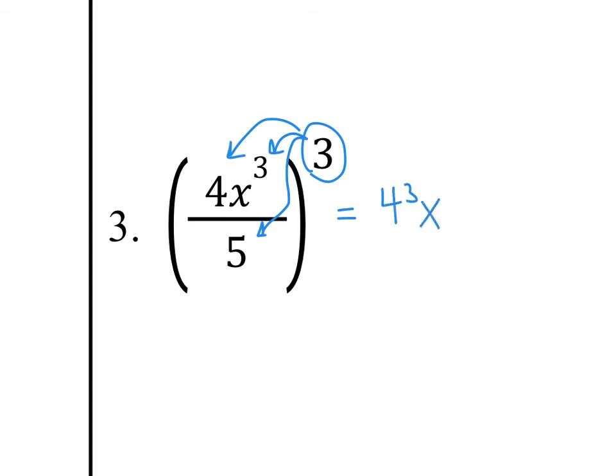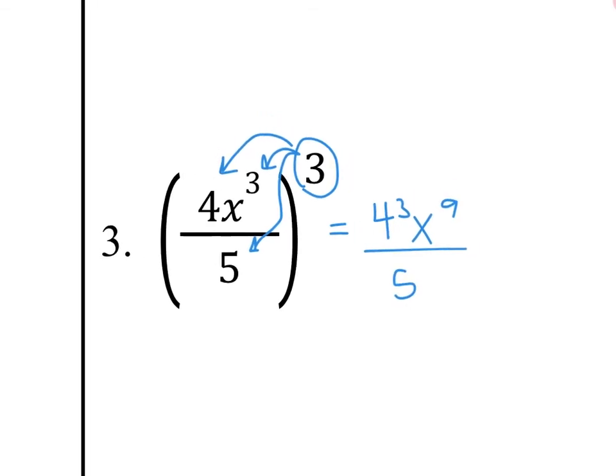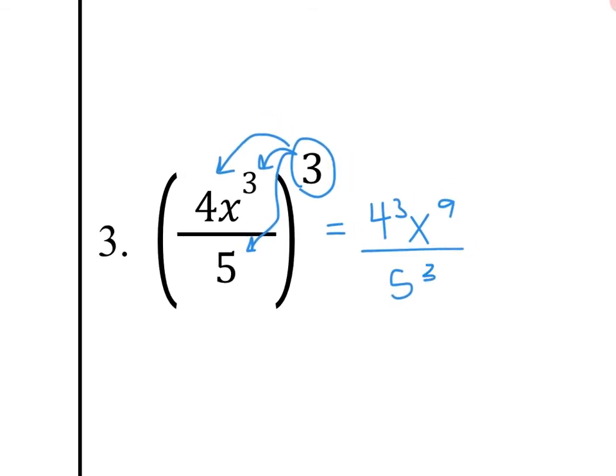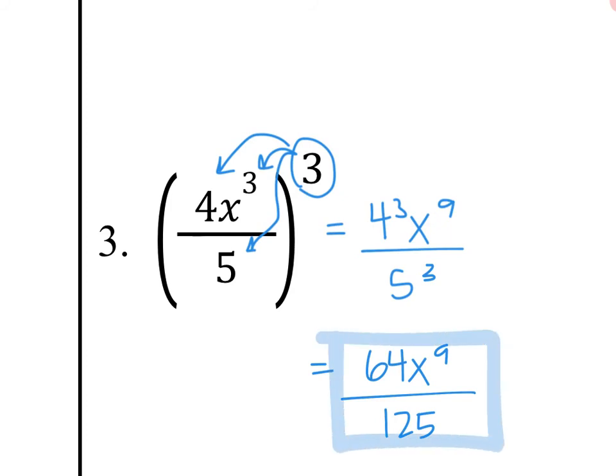I've got x to the 3rd raised to the 3rd power, so I'm multiplying those. So that becomes x to the 9th. And in the denominator, I will have 5 to the 3rd power. I can simplify this one step further. 4 to the third power gives me 64, and 5 to the third power gives me 125. So this would be your final answer, simplified form.